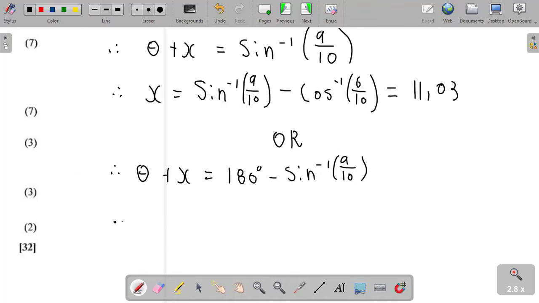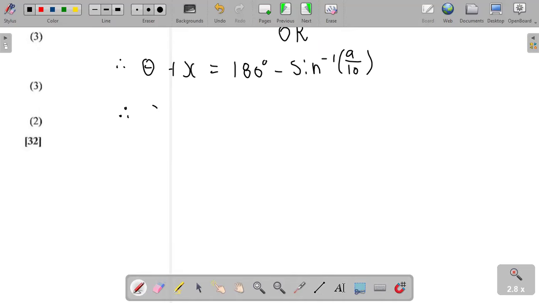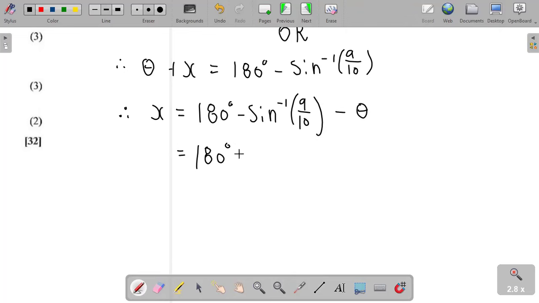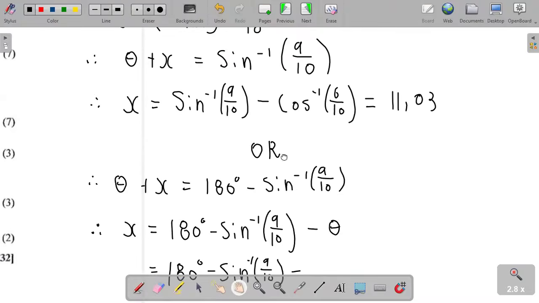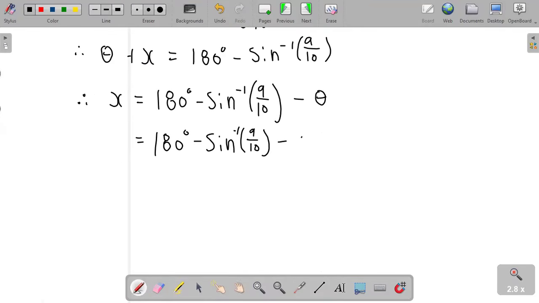And so it means therefore x equals 180 degrees minus the inverse sine of 9 over 10, and then minus θ, which is equal to the inverse cos of 6 over 10.